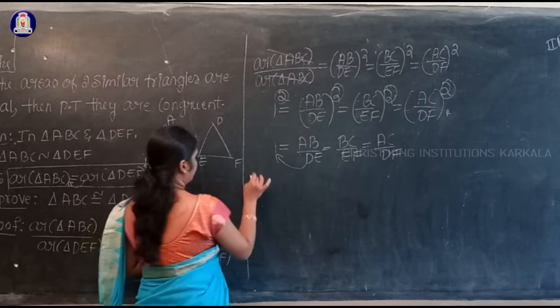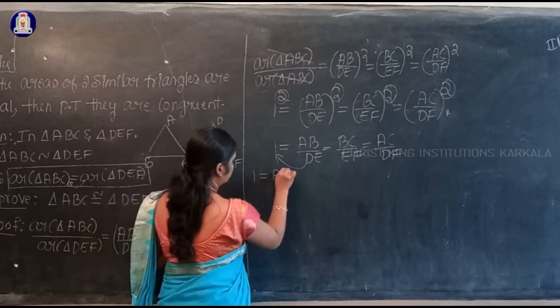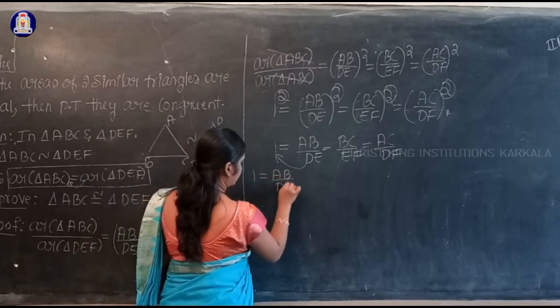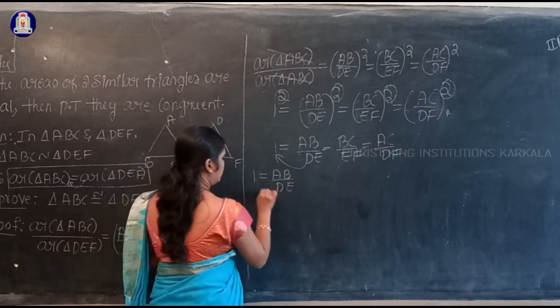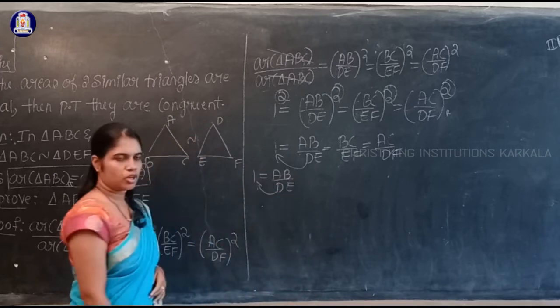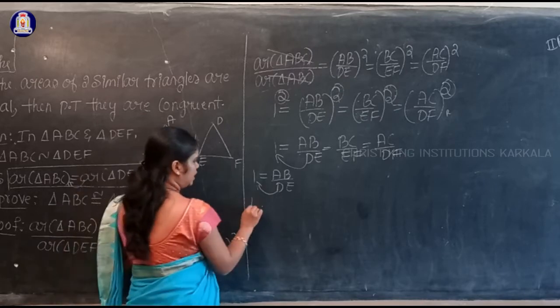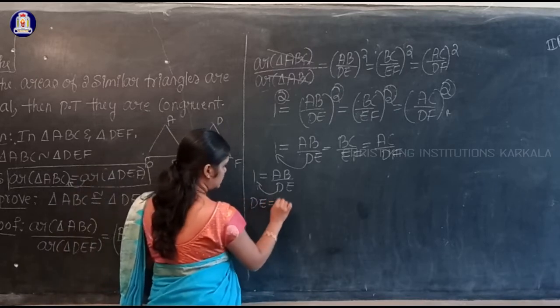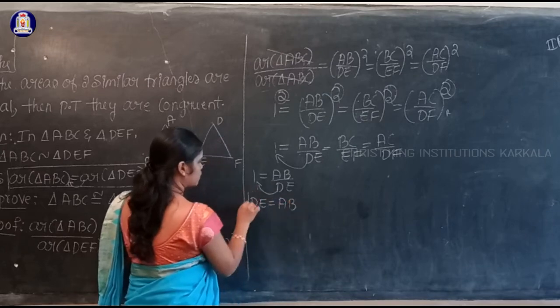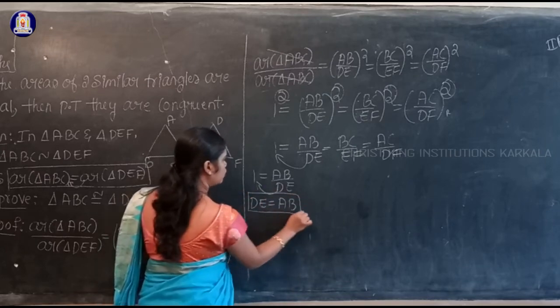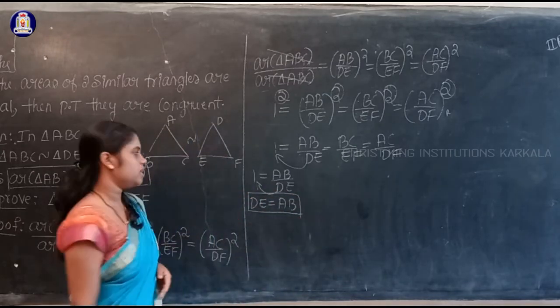Now multiply this DE with 1. So 1 into DE equal to how much? DE itself, so that DE is equal to AB. So I will get DE equal to AB. So this is one result.